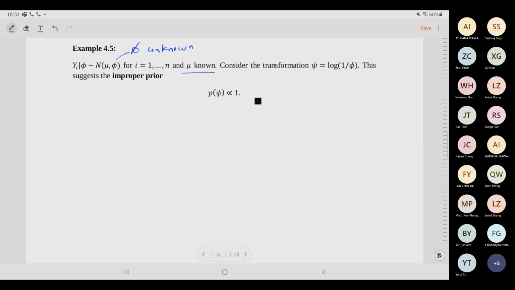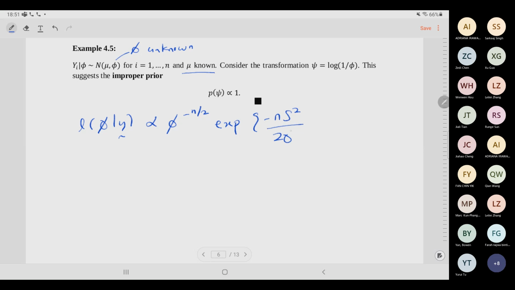In this case we have our normal, so again we have our likelihood. When your mu is known but your phi is unknown, you have to write it in a slightly different way.